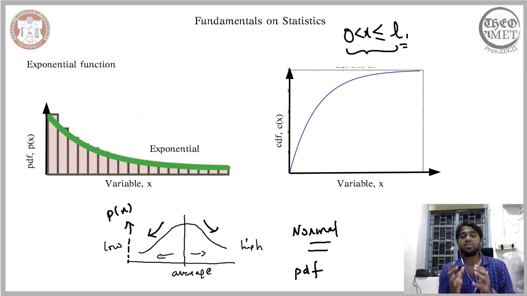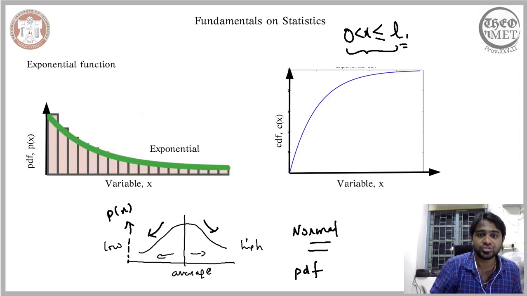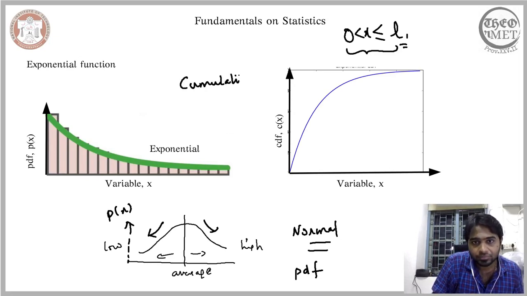When we take the PDF, impose these bounds in the integral, and treat it as a function, such a function is what we refer to as the cumulative density function, and that is what we see here.